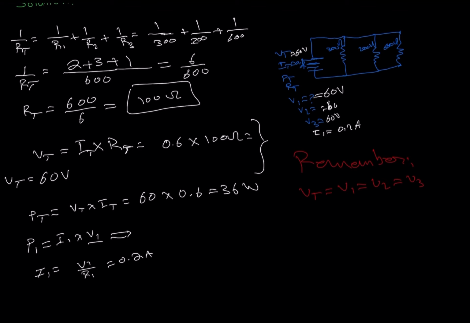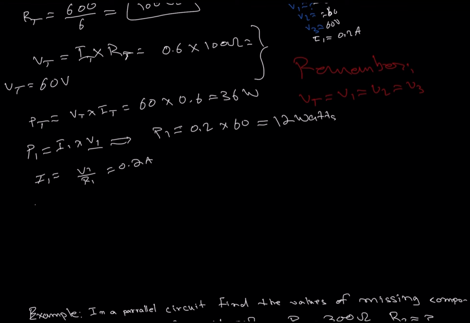Okay, so now we can use the formula to find the power at resistor 1. I1 is 0.2 and V1 is 60 volt. So that will give me 12 watt. P1 is 12 watts.